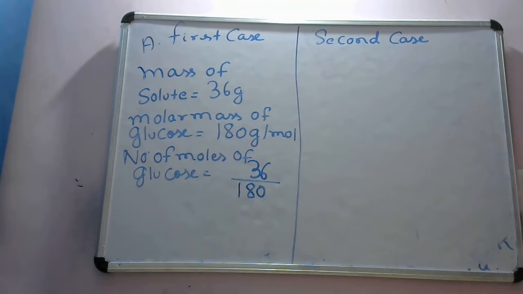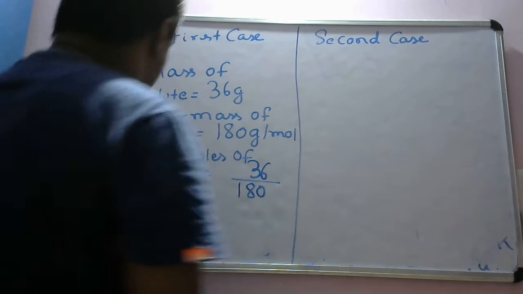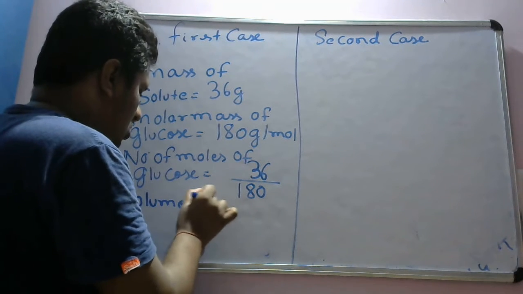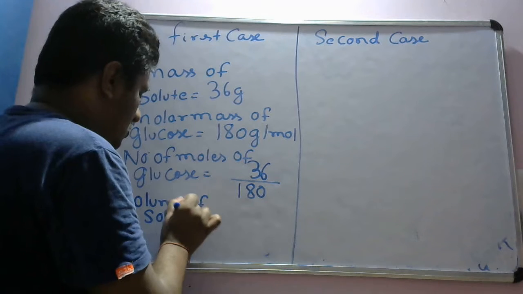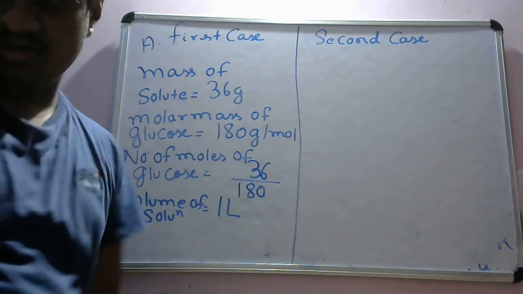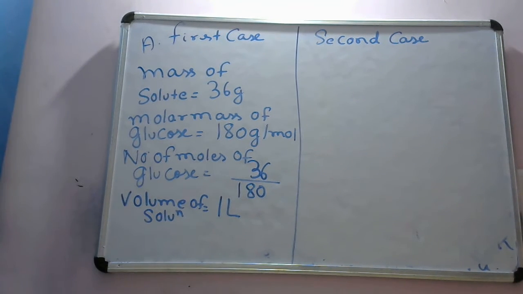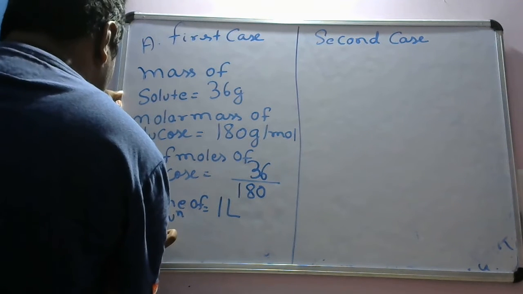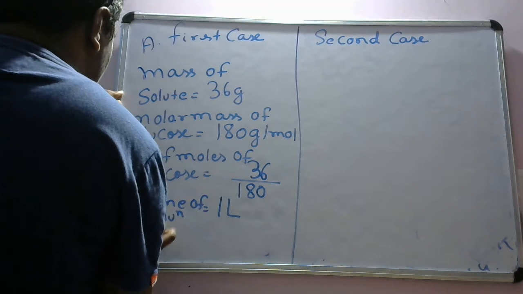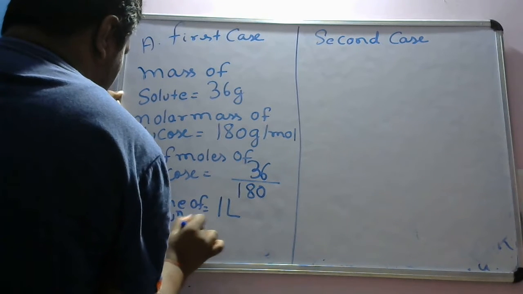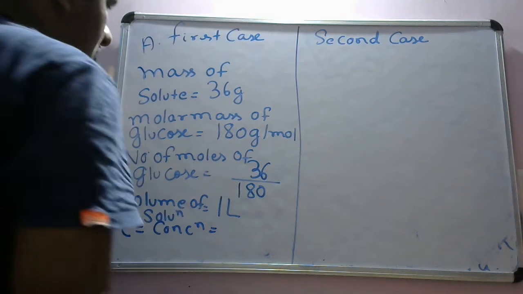And volume of solution is also given to us, that is 1 liter, because it is mentioned 36 gram present per liter. So volume of solution is 1 liter. Now we can find the concentration C, concentration or molarity, whatever you can say.